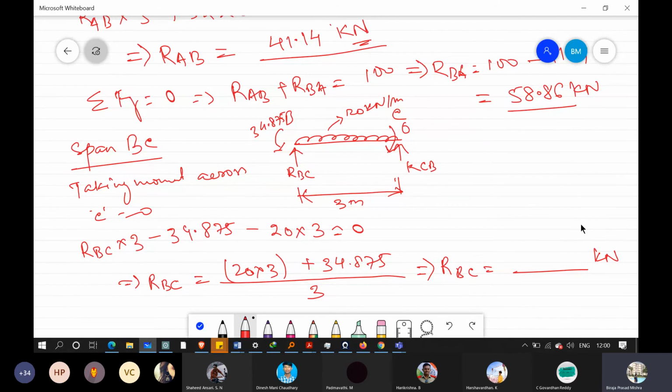20 into 3, this is moment, no? 20 into 3 is WL square by 2. Yes, sir. Load. So let me erase this one because this entire expression is wrong.